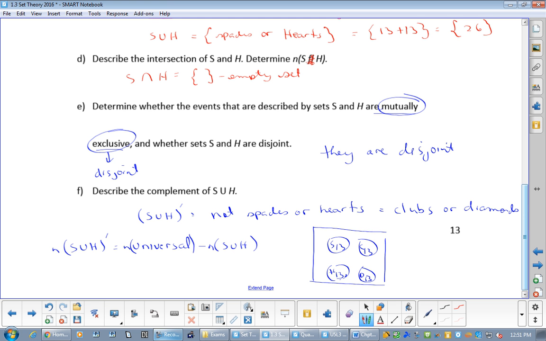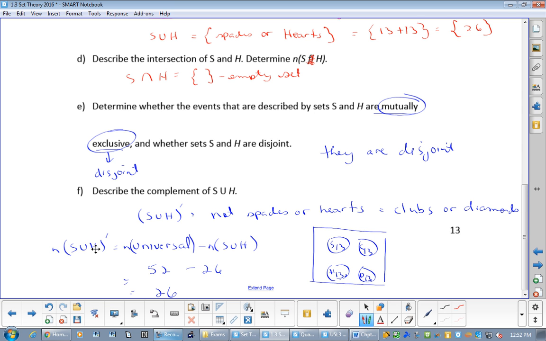So what's the number of not? Well, that's got to be 52 minus 26, which equals 26. So the way to find the number of not S union H is take the universal minus S union H.